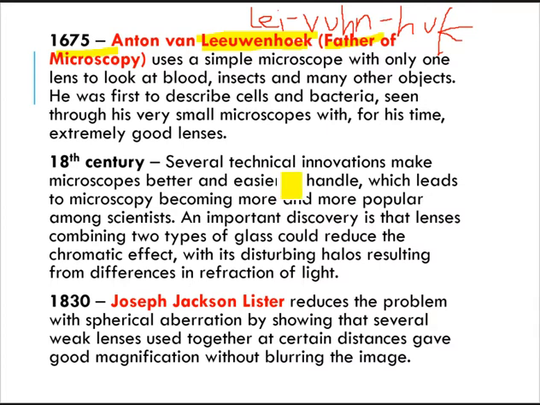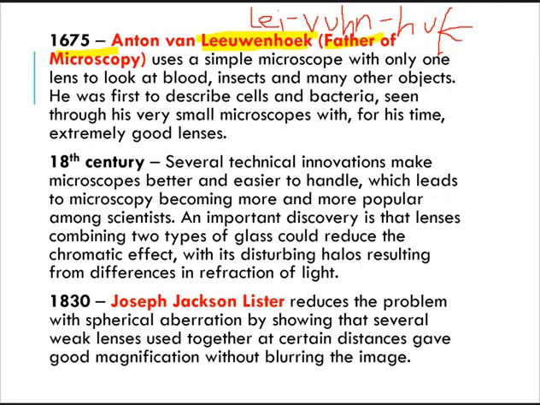He used a simple microscope with only one lens to look at blood, insects, and many other objects. He was the first to describe cells and bacteria seen through his very small microscopes with, for his time, extremely good lenses. Later, I am going to show you a picture of his simple microscope. Actually, it's really small, but it did the job.